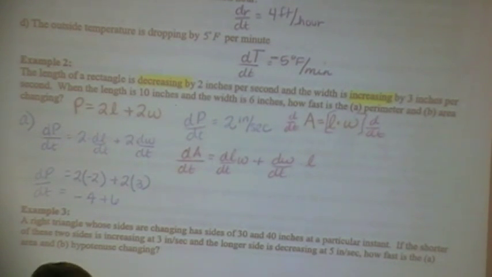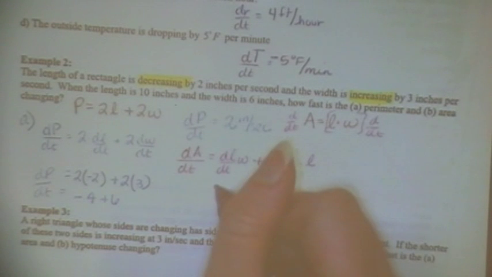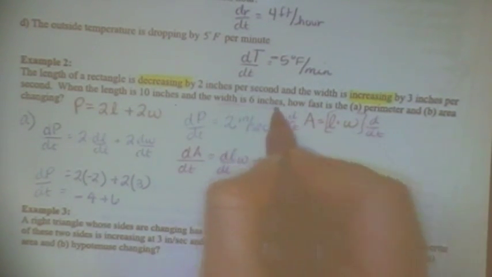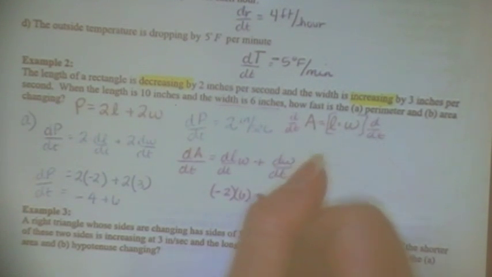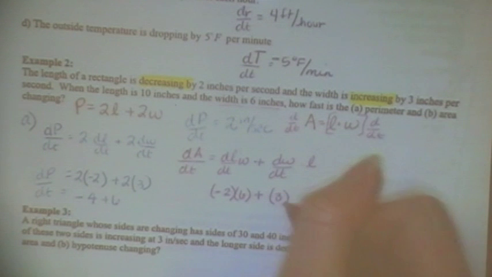Okay, is everybody okay on the derivative? I got dl/dt times w plus dw/dt times L. Now we just plug in what we know and solve. So in this case, I know dl/dt, that was -2. The w's, the instantaneous rate, is 6. dw/dt was +3.